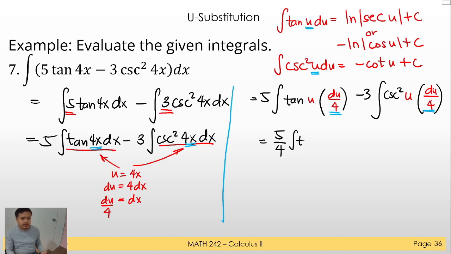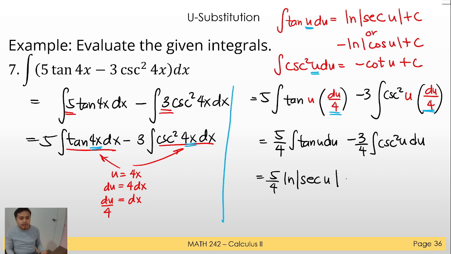We have 5 over 4 the integral of tangent u du minus 3 over 4 the integral of cosecant squared u du. Again, the integral of this is natural log of secant u, and this one is negative cotangent u. So we have 5 over 4 ln absolute value secant u, and then minus 3 over 4 times negative cotangent u plus c.